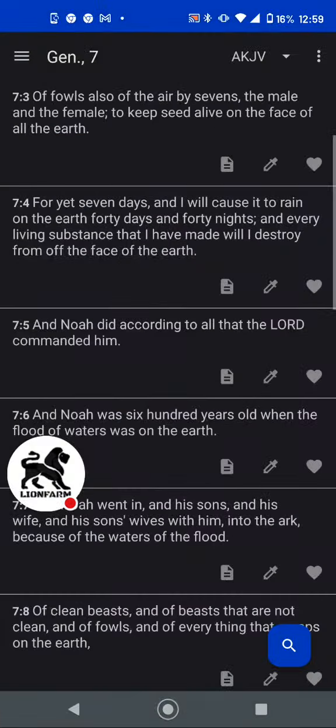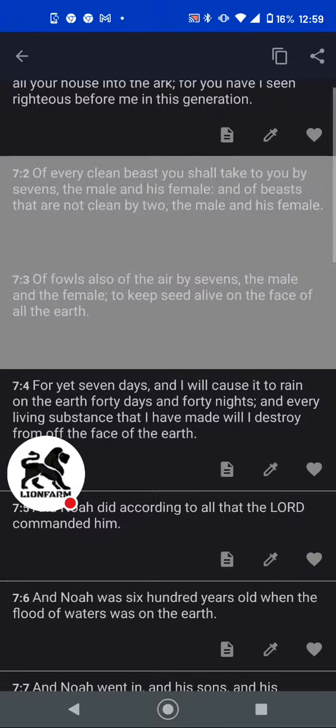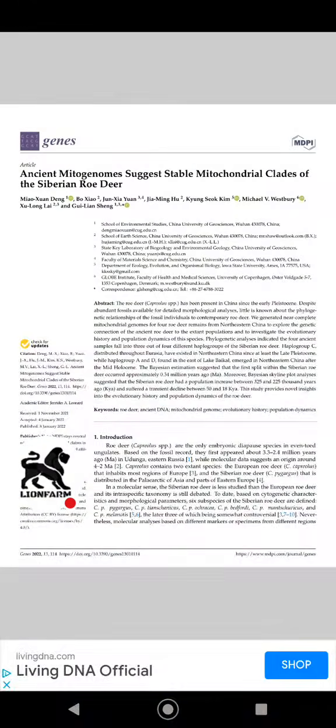Right here, it says: of every clean beast you shall take to you by sevens, the male and his female, and the beasts that are not clean by two. So you take the clean beasts by sevens, and the unclean beasts or some other ones by twos. You can see of the fowls of the air also by sevens and different ones like that. So some by sevens and some by twos, right?